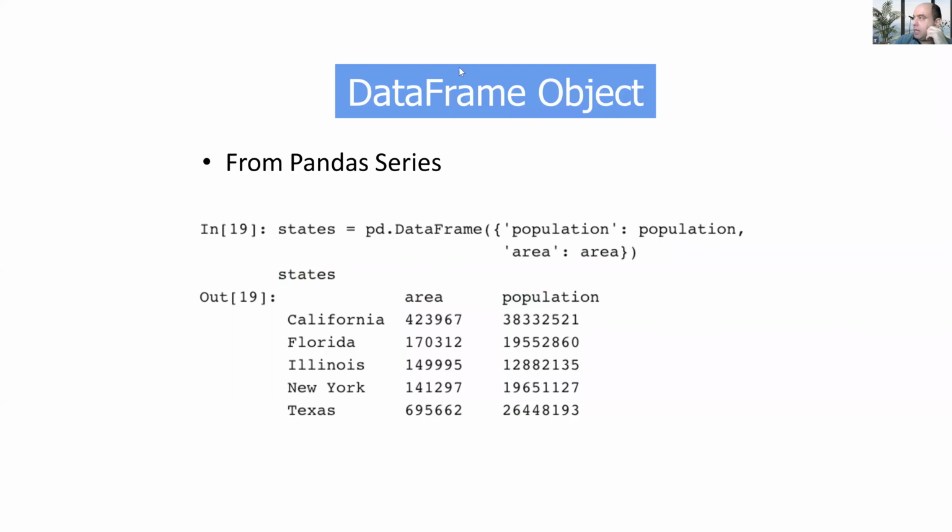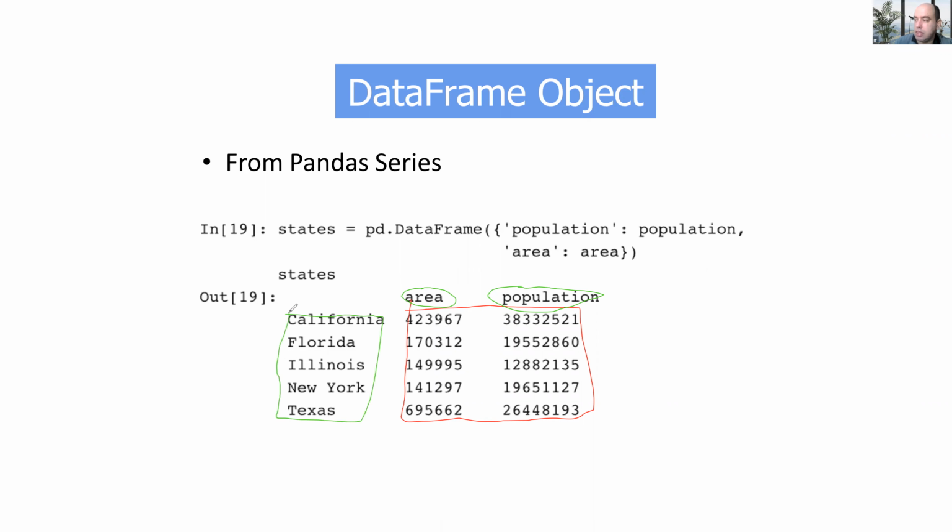Okay, so a data frame is basically a two-dimensional array, but what pandas gives us over numpy is that we have names for the series, which give us an understanding of what this number actually means, and we have names for the index as well.